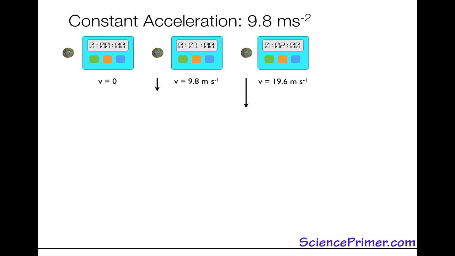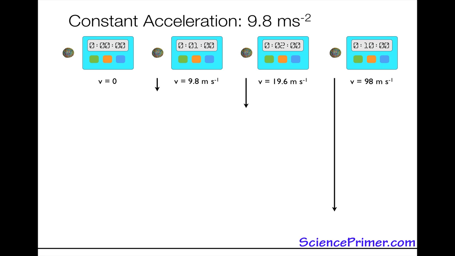We can keep doing this. After 10 seconds, it'll be traveling 10 times as fast, with a velocity of 98 meters per second. Again, this is the special case where no other forces are acting on it, most notably air resistance.